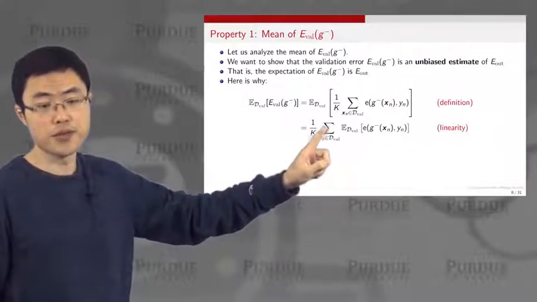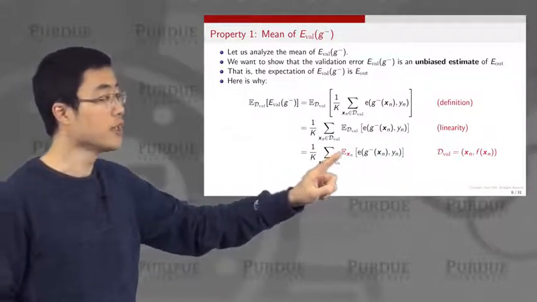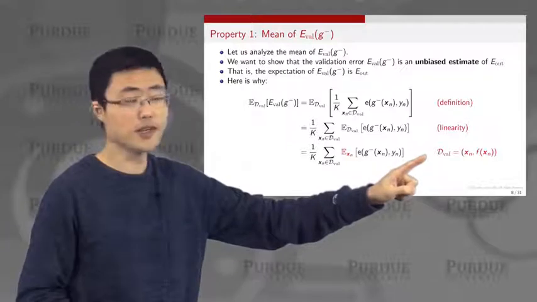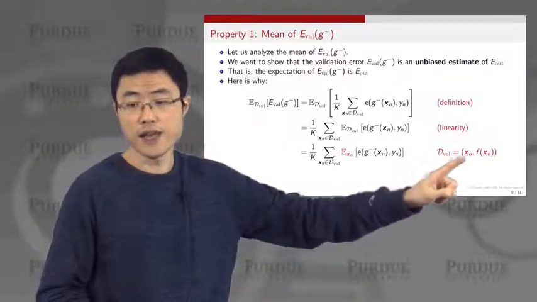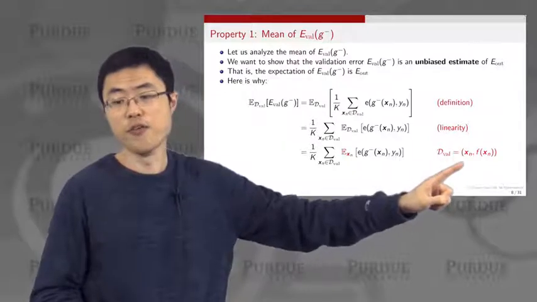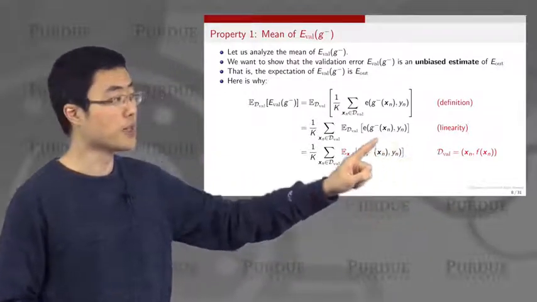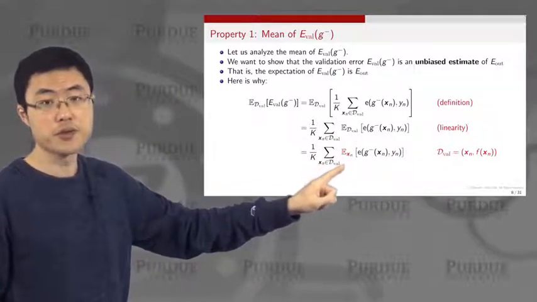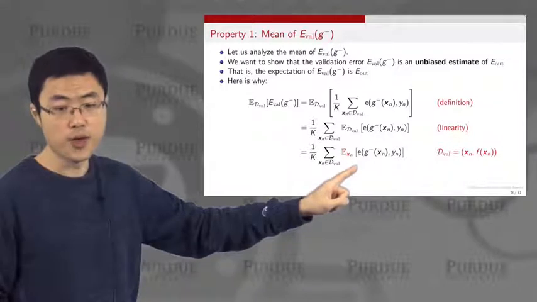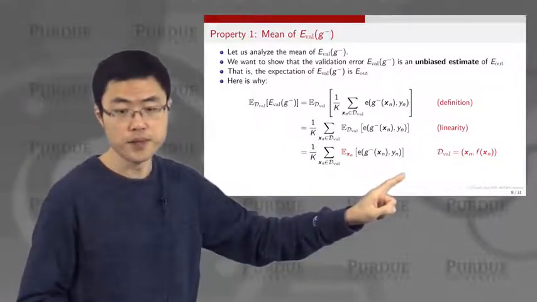Now, what is the definition of this validation set? The validation set is defined as xn and f of xn. And so they both depend on your xn's. And therefore, you can replace the expectation over the validation set by the expectation over the xn's, where xn is drawn from the underlying distribution.